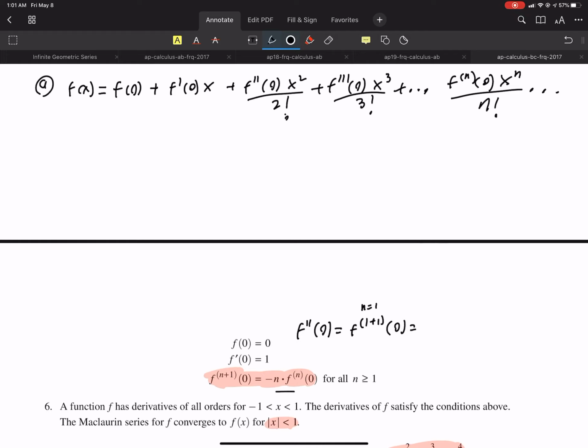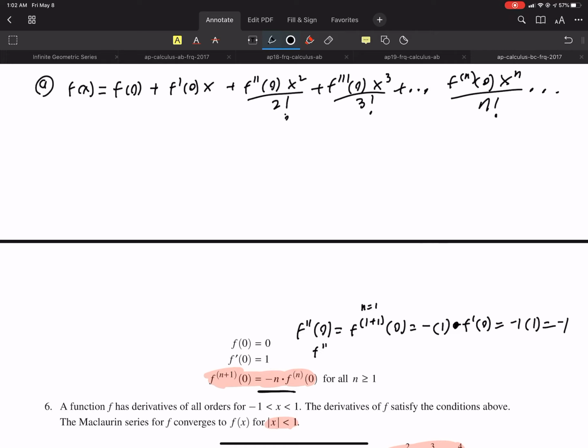And I'm using this formula here. It's going to be -1 times f of 1 at 0. Well, what's f prime at 0? Well, we know that's 1. So -1. So that's f double prime at 0.